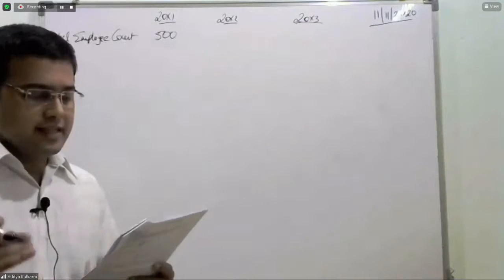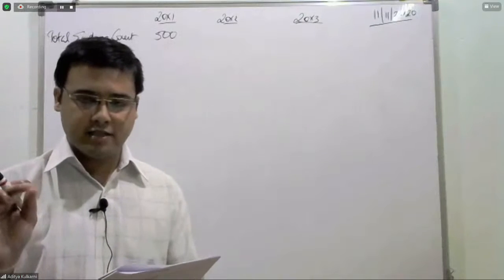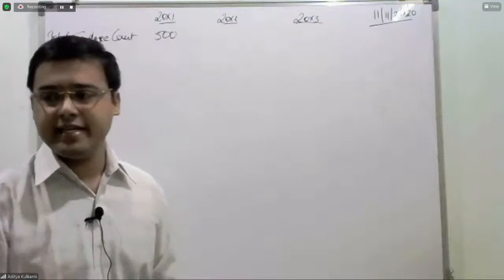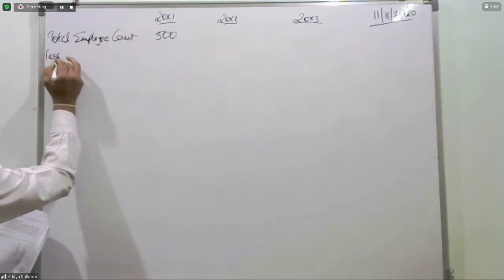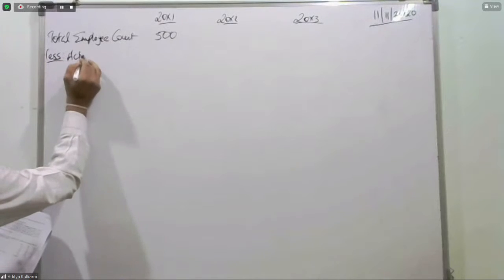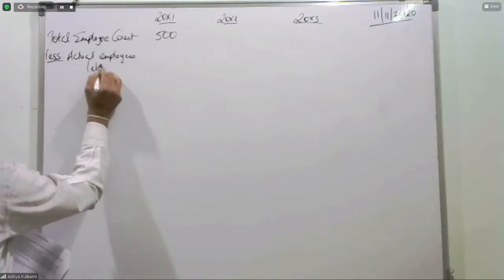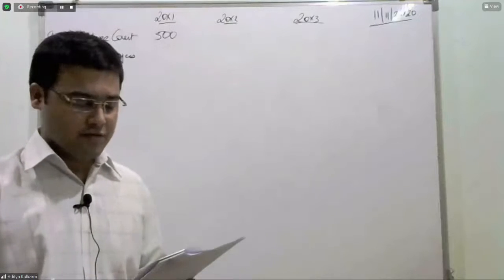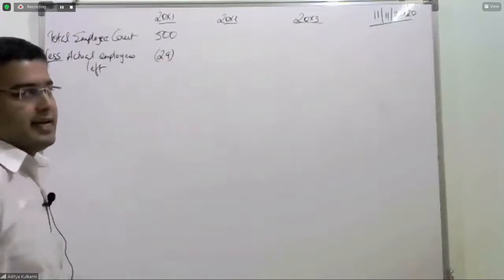In the first year, if you read the problem, the fair value per share is 122. In X1, 29 employees left. So, less actual employees left. This is the count. These employees will not get the benefit of the expenditure. So this comes to 29.